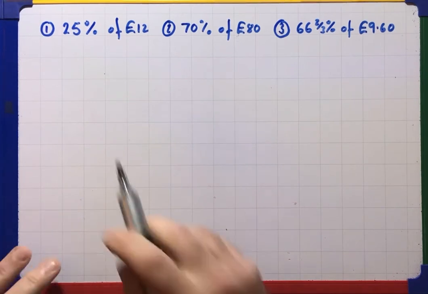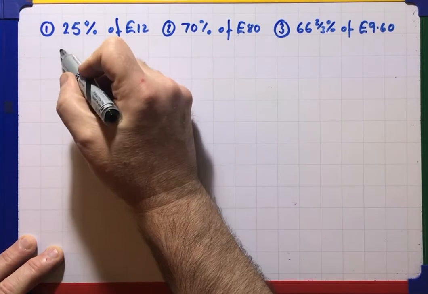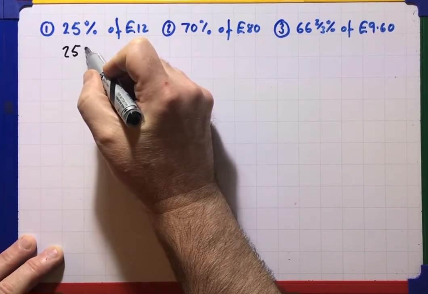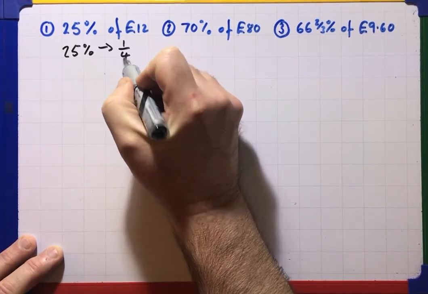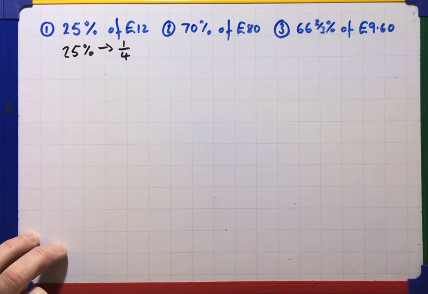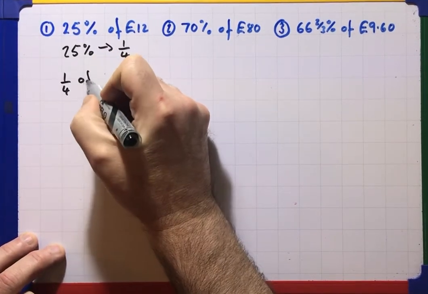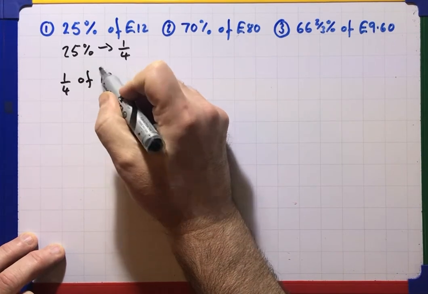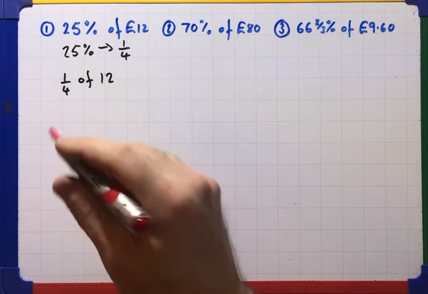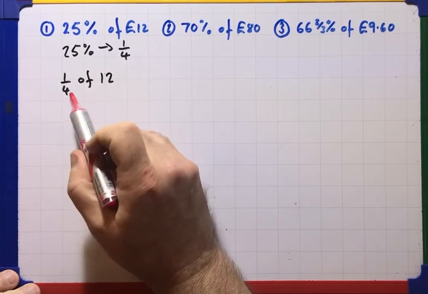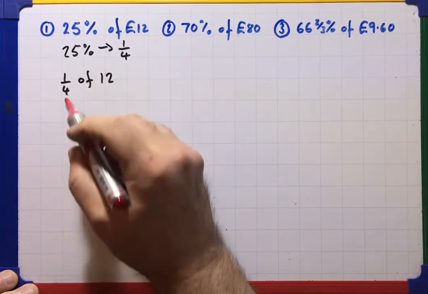So the first thing I would do with this first one, 25% of 12, is either remember or, looking at the list, see that 25% is 1/4. So what I'm really asked for here is 1/4 of £12. Now, remember, when it's a fraction of something, we divide by the bottom, then we multiply by the top.